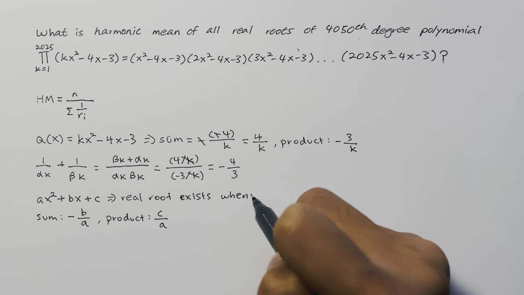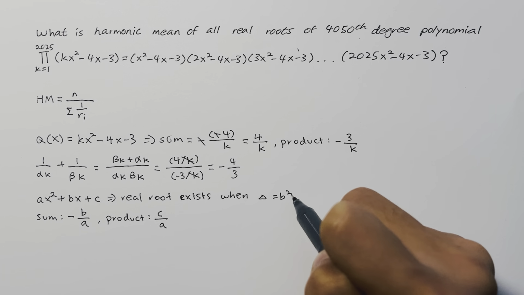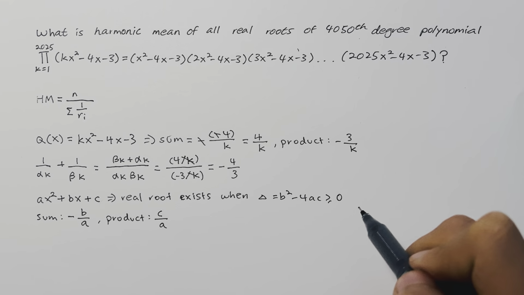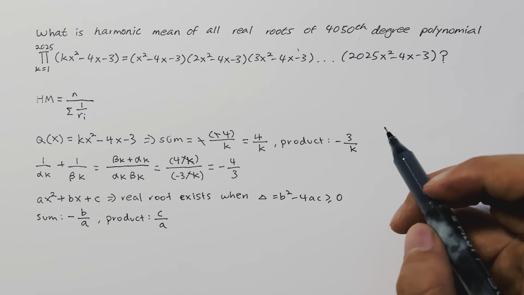So delta, the discriminant, equals b squared minus 4ac, greater than or equal to 0. Now let's calculate the discriminant for our general factor kx squared minus 4x minus 3.